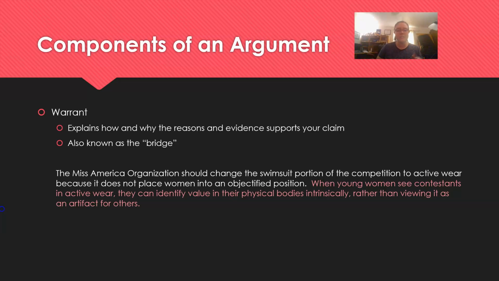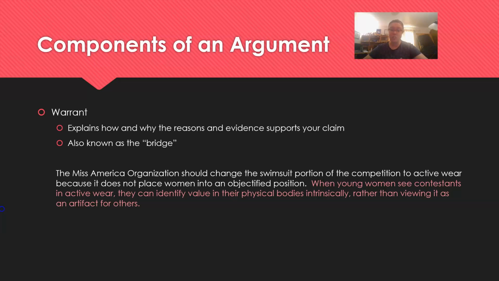So what a warrant does is it explains how and why the reasons and evidence support your claim. Now, you can also think of a warrant as a bridge. Remember, you have been doing this whenever you introduce a source, to say, okay, I'm using a direct quote, a paraphrase, a summary, whatever the case may be, and this is why this summary, this direct quote, this paraphrase is relevant to what I'm saying or the purpose of my writing.